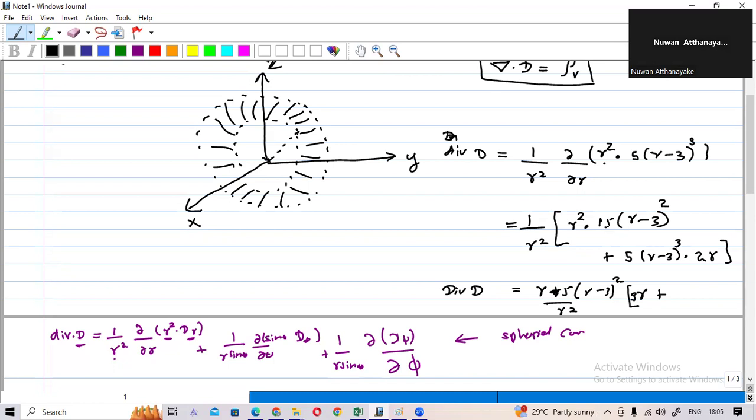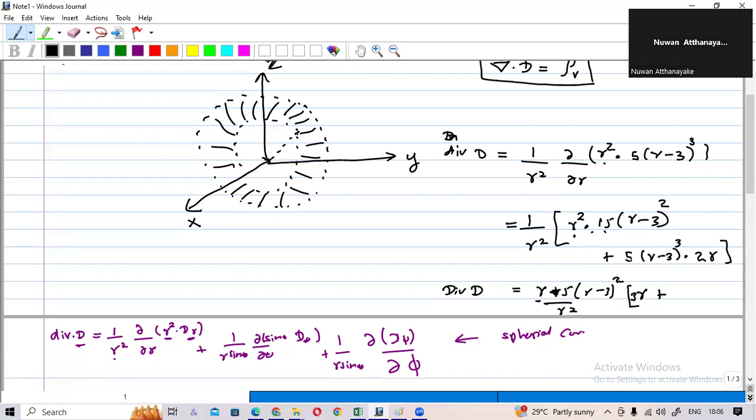I think my simplification is correct. I get out the common factor r into 5r minus 3 square, and I will have 3r, because 1r I have taken out.